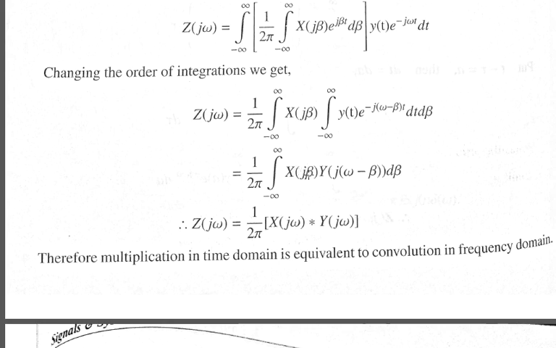If we consider j beta as a single letter, let's call it L, then it is X(L) Y(omega minus L), where omega plays the same role as t here, the main variable minus L, which resembles the convolution equation.